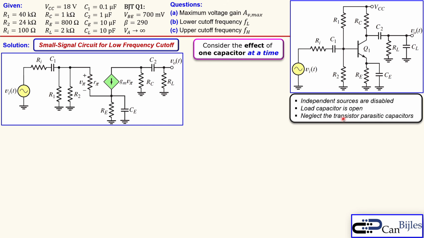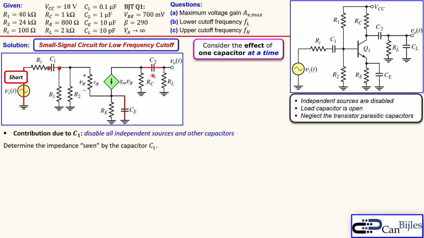And we again neglect the parasitic capacitors of the transistor Q1. So we look at the contribution of C1 only. That means disabling all the independent sources and the other capacitors, looking between these two nodes for C1. VI is gone, and we also short CE. That is what is meant by the short circuit time constant method.